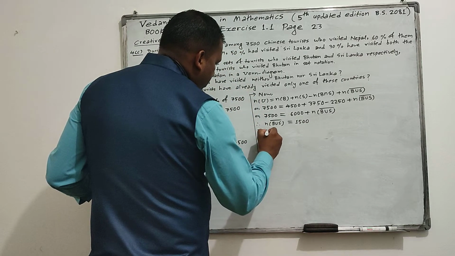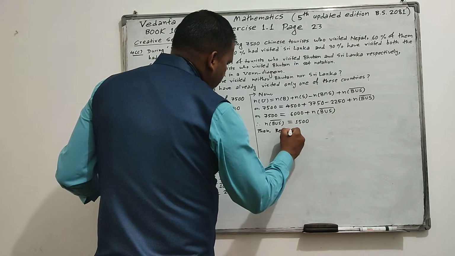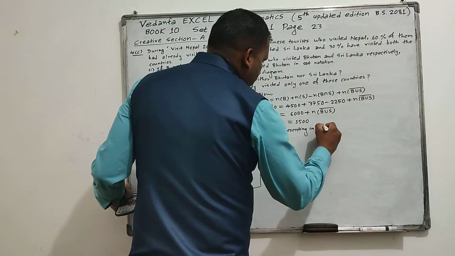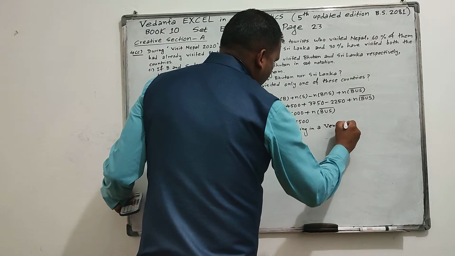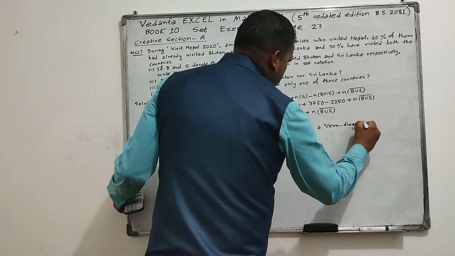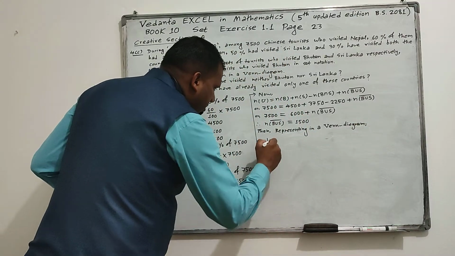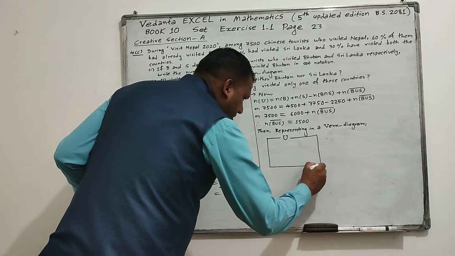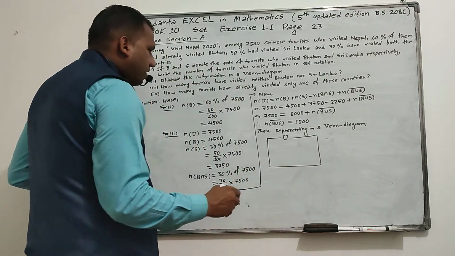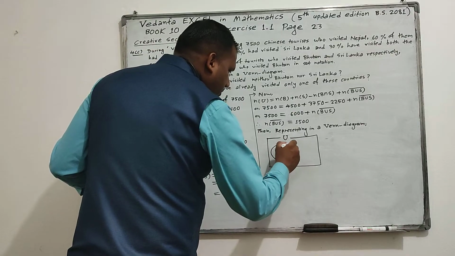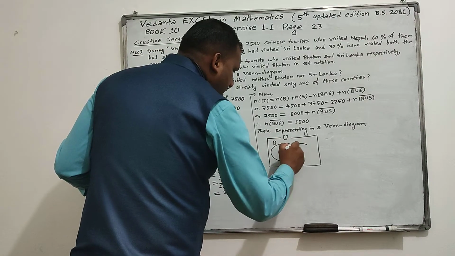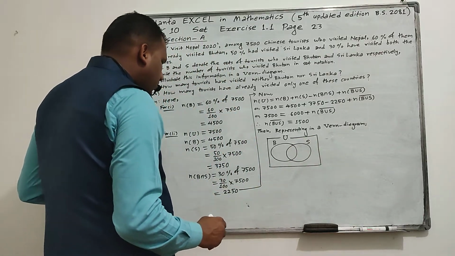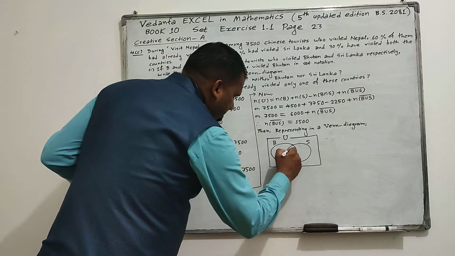Then, representing in a Venn diagram. Universal set U and two subsets B and S. B for Bhutan and S for Sri Lanka. Who visited both, that is 2,250.